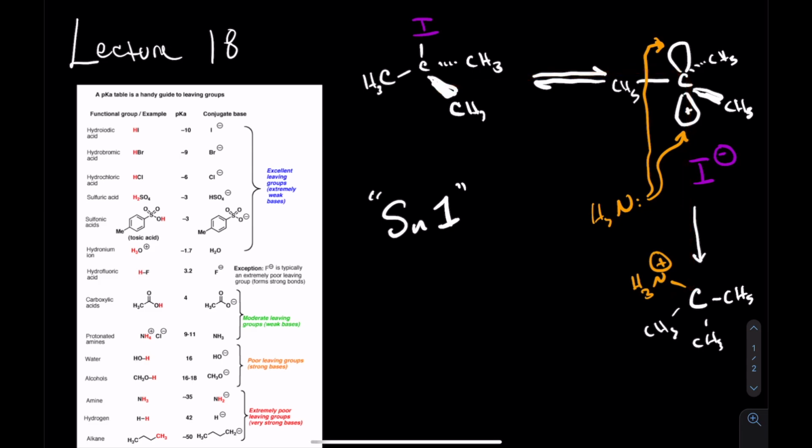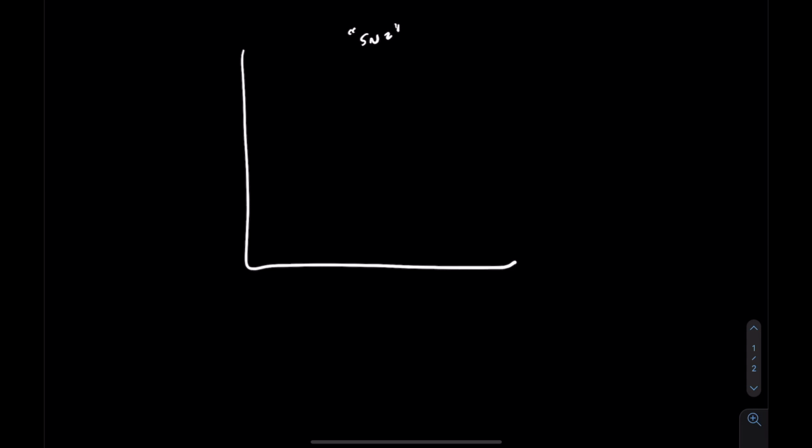So let's really quickly go back over and see why that happens from an energetic landscape. In an energetic landscape, what we had said in the SN2 type reaction is you have a starting material and a product, and we're going to assume our product is lower in energy. And in an SN2 reaction, you have a transition state, right?